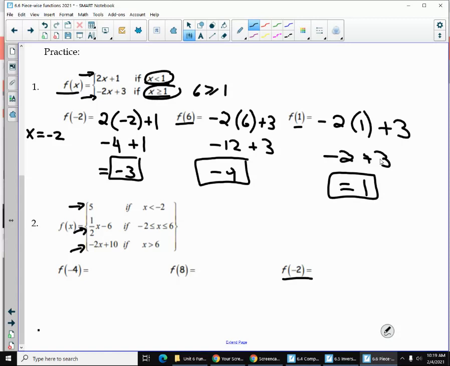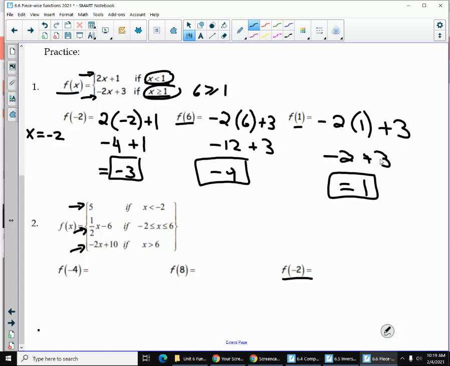We use the first equation, f of x equals 5, when x is less than -2. We use the second equation, f of x equals 1/2 x minus 6, if x is between -2 and 6 inclusive.